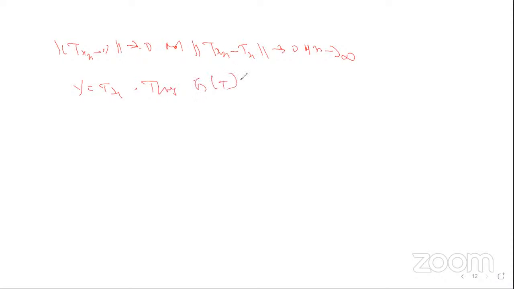Now the norm of T of xn minus y tends to 0, and the norm of T of xn minus T of x tends to 0 as n tends to infinity. So by the uniqueness of the limit, we have y equal to T of x. Thus the graph G of T is closed.